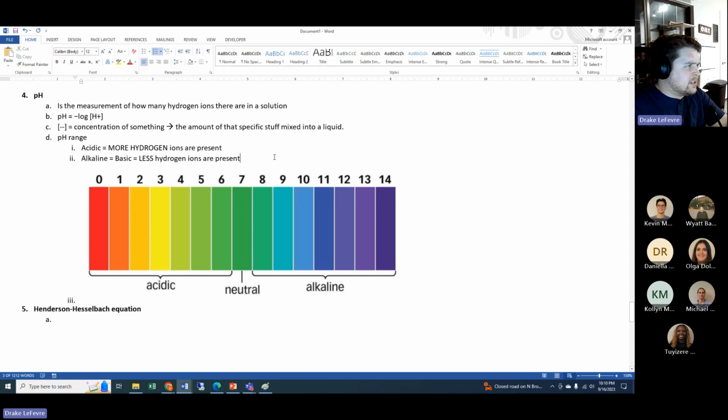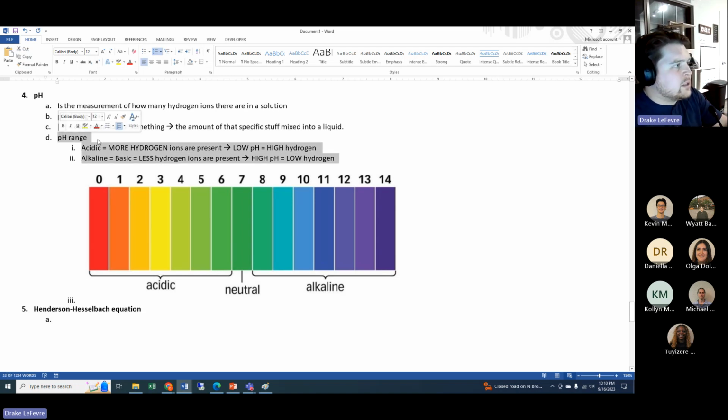Actually, I do want to make sure that this is clear up here real quick. It's kind of backwards from what people think. High pH means low hydrogen. Low pH equals high hydrogen. So they're reverse of each other. You'll get asked a handful of questions like this: your pH is whatever number, is this acidic or is this basic?